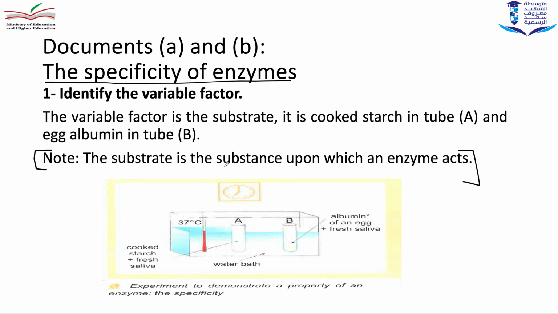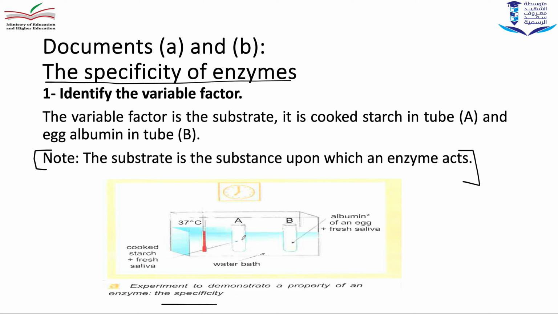Here we have an experiment, and we want to check if enzymes can digest any substrate or can digest a specific substrate. Let's read this table or this document showing the experiment to demonstrate a property of enzymes, which is the specificity.